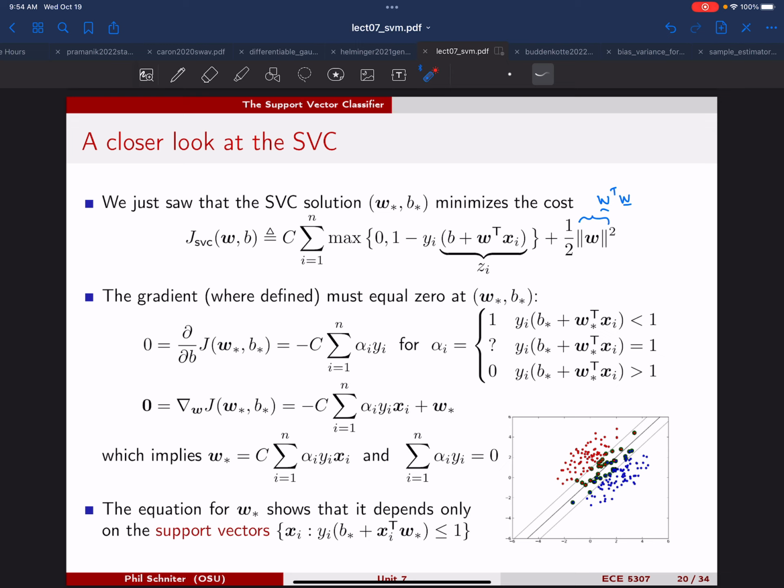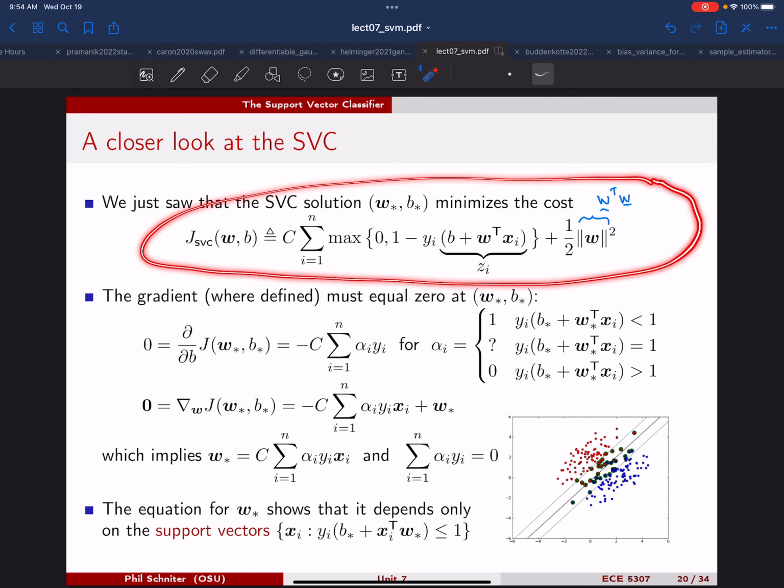video left off, which is to take a closer look at the support vector classifier that we learned about last time. And here we've written the cost function that we minimize in order to learn the W vector and the B, the bias scalar.